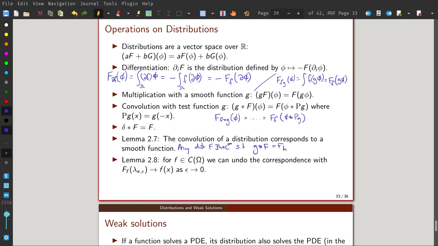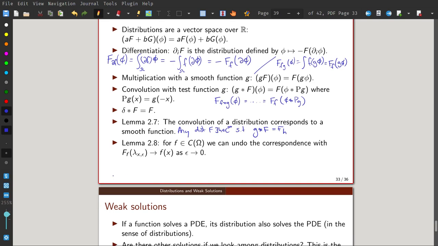What you can do is act the distribution on what are called mollifiers. I've drawn them several times already, but a mollifier is a family of smooth functions of compact support. So lambda of x, epsilon is smooth.